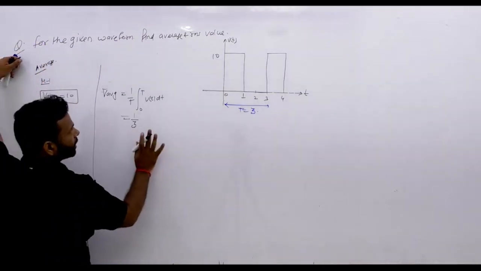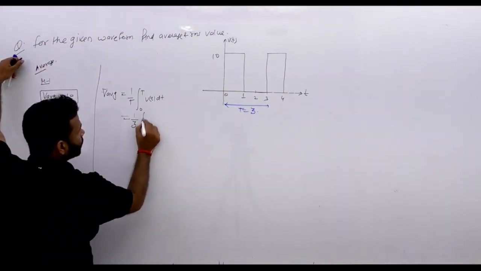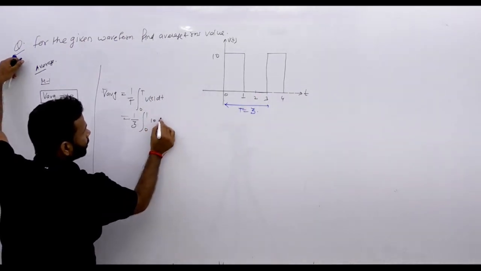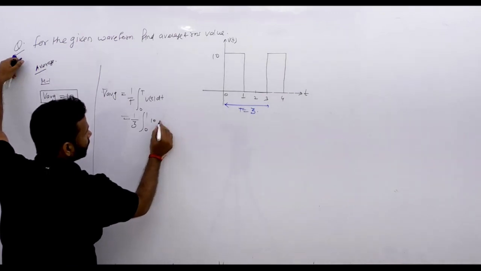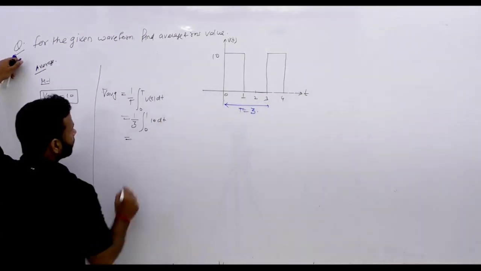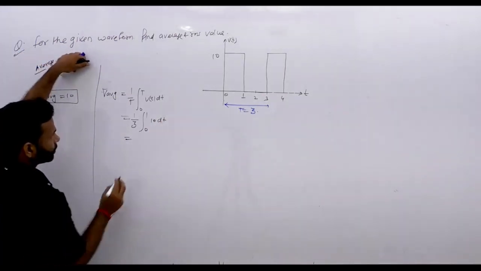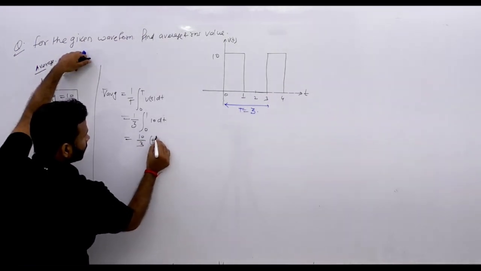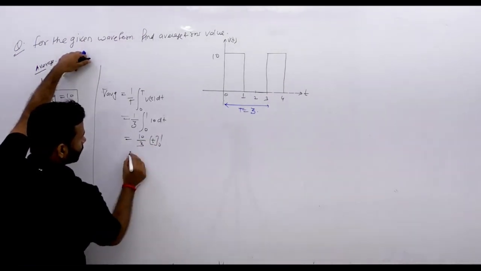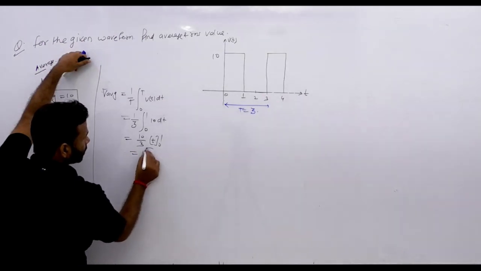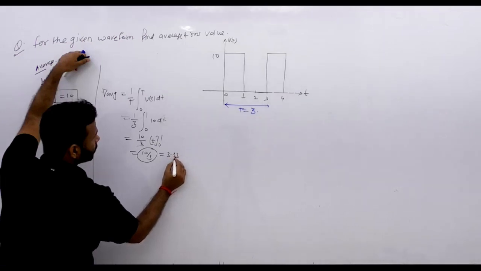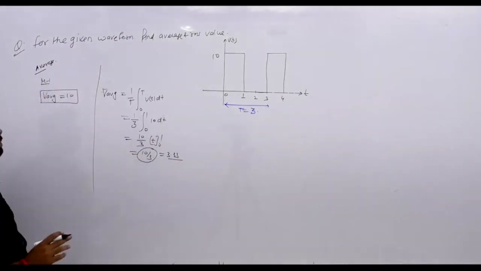So it is 1 by 3, integral 0 to 1, and the magnitude is 10, 10 dt. So it is 10 by 3, t from 0 to 1. So it is 10 by 3, and 10 by 3 means 3.33.